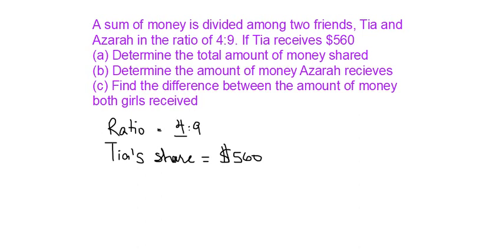So every single time we share, let me just write that down. Every time we share, the total amount of money shared in that round of sharing, I'll just put total. So the total amount of money that we would share in that first round of sharing is 4 plus 9, which is 13.